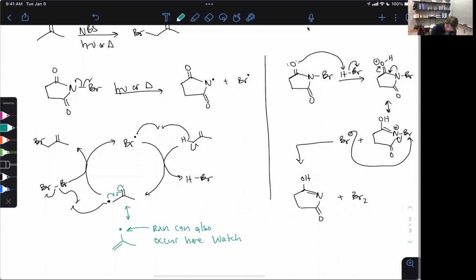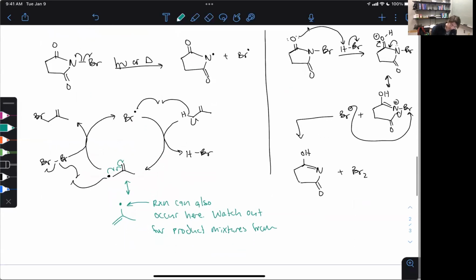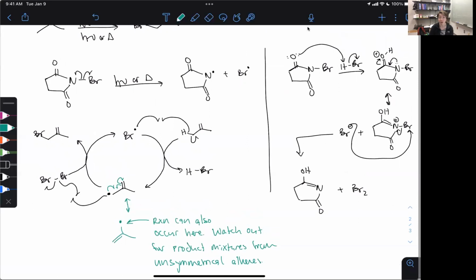So we do need to watch out for product mixtures from unsymmetrical alkenes. Okay, so that's NBS, definitely a little bit special, definitely different than the HBr or the Br2 reactions.